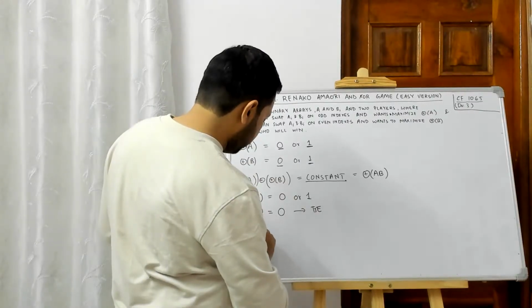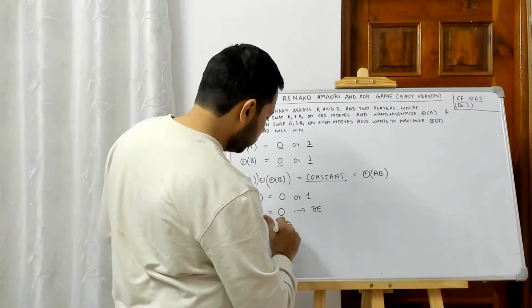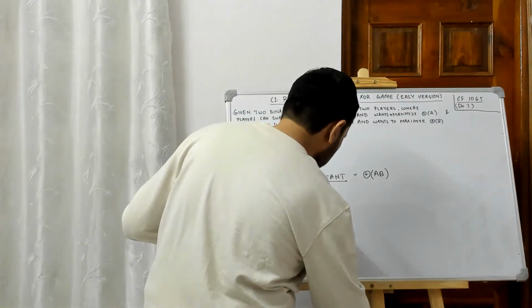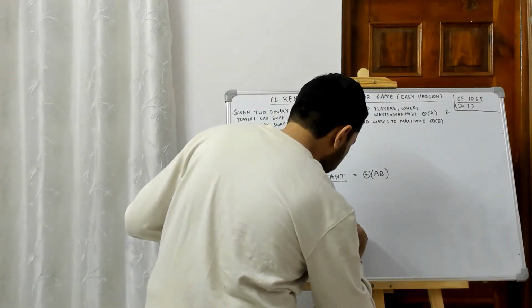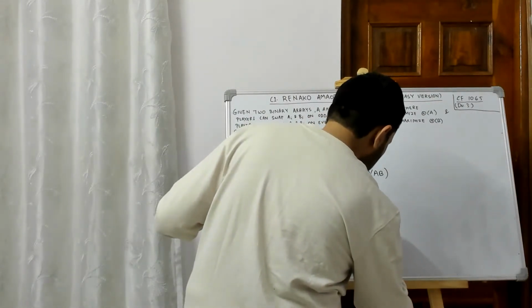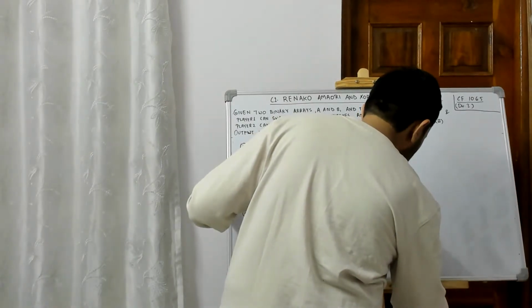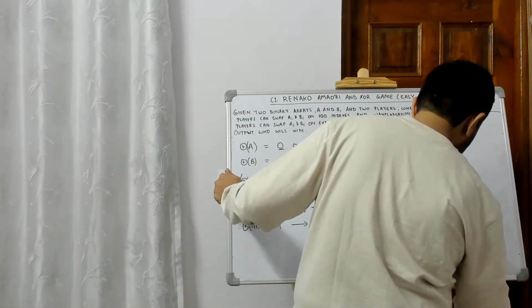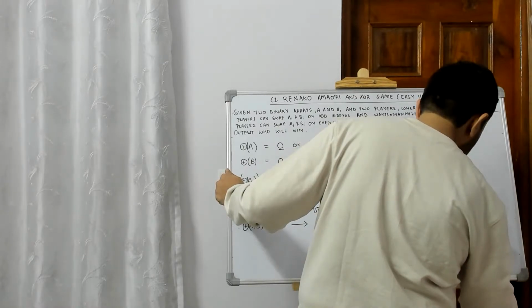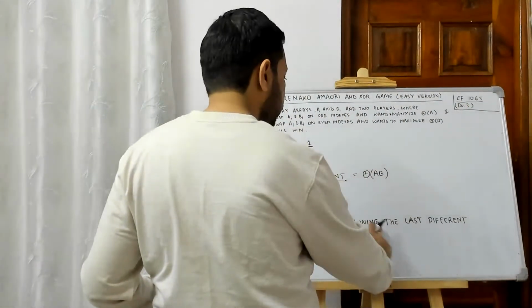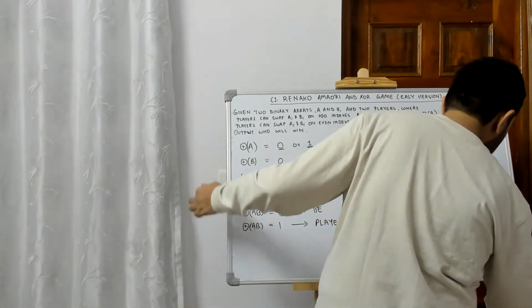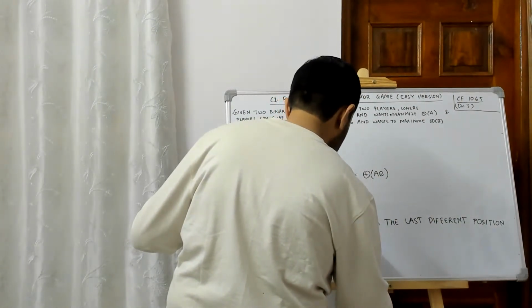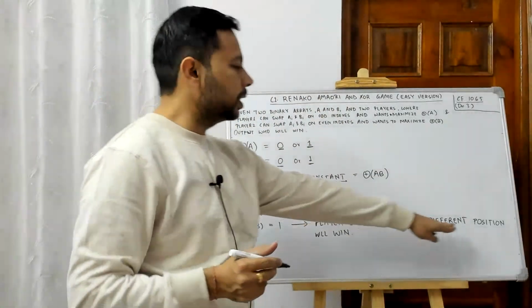And if XOR of AB is equal to 1, the claim is the player owning the last different position will win. The player who owns the last different position will win.